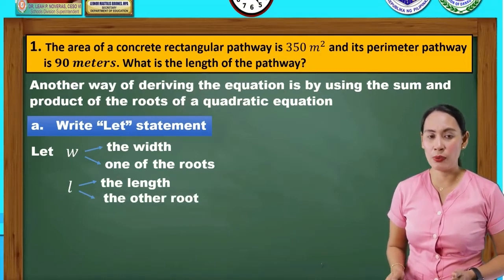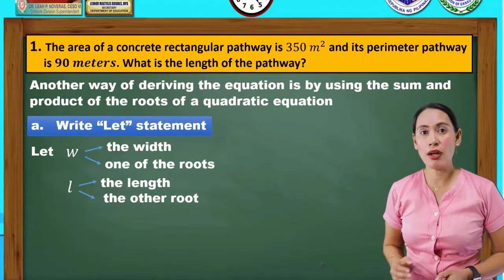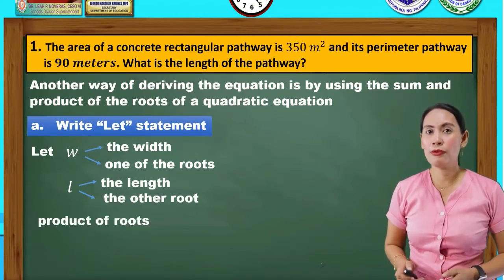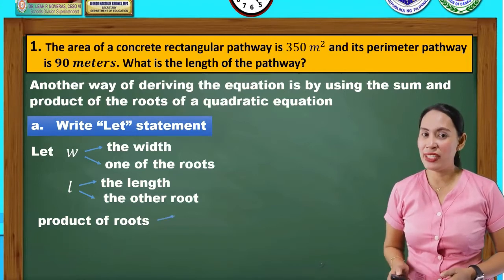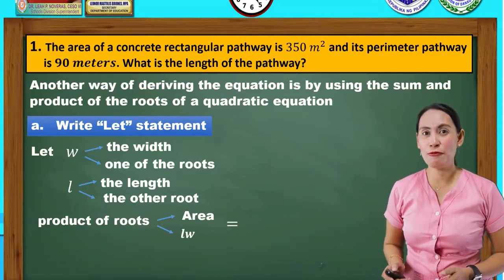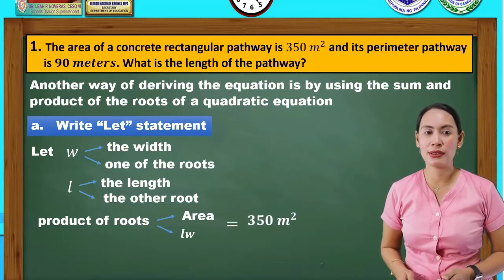So we use the concept of product of roots. The product of roots means the area, or length times width, so that is equal to 350 square meters.